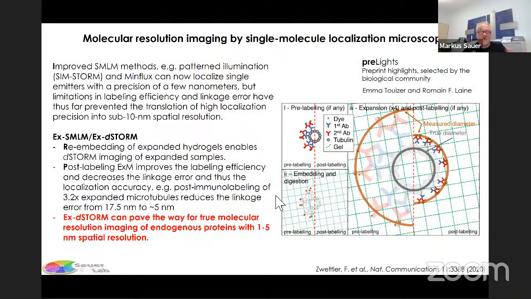And this is the summary of what has been shown, that this post-expansion labeling procedure dramatically shrinks the size of your label and the displacement of your fluorophore from your structure of interest, here the microtubule, because the antibodies are not expanded during your process. So you end up, even for immunolabeling, with a displacement error of only 5 nanometers using 3.1 or 2-fold expansion. And the epitope accessibility is dramatically enhanced.